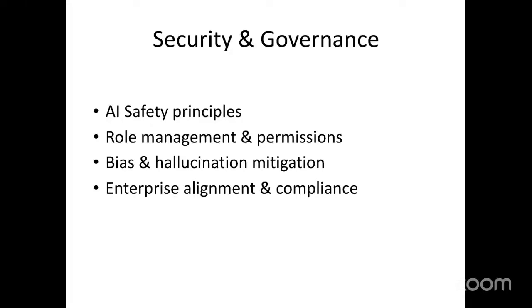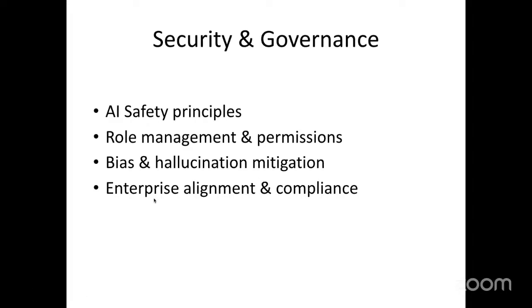We can put safety guards, and have role management and permissions, deciding who will use what. We can also overcome hallucination by training the model: if it is hallucinating on some part, we can give it more data so that it becomes clearer.